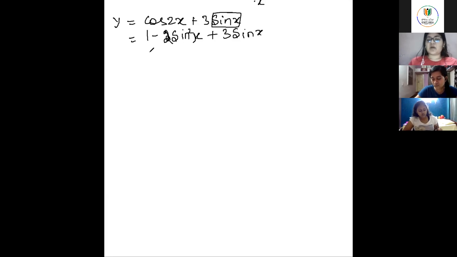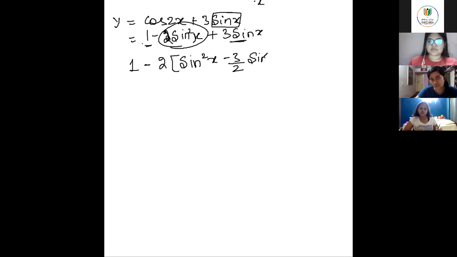Okay, now it does make a structure for a square plus b square minus 2ab type, but not sure, because if you take this as a square and b square, then it does not make sense for this. So what you can do is 1 minus, take 2 outside, sine square x minus 3 by 2 sin x.